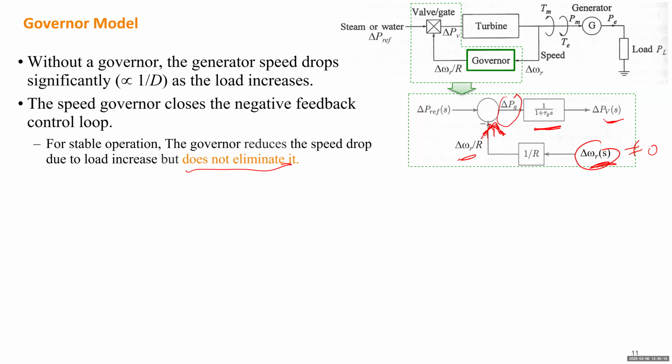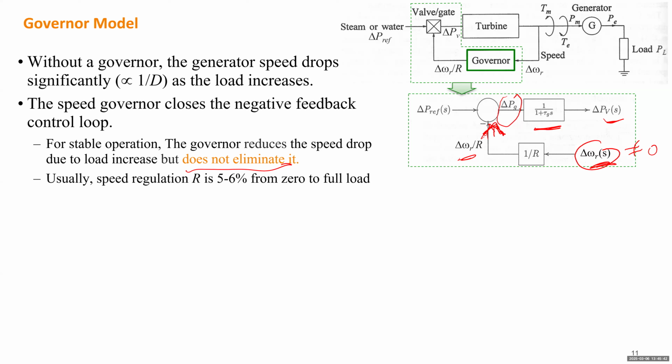It relies on the non-zero speed deviation to provide the control signal. Which means it can only reduce the speed deviation, and by going through a very large gain, it translates back to how much you're going to change the valve. But the change on the valve cannot eliminate the speed deviation. This is the drawback of proportional control.